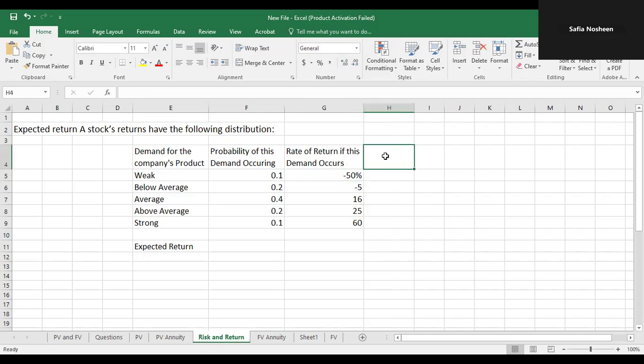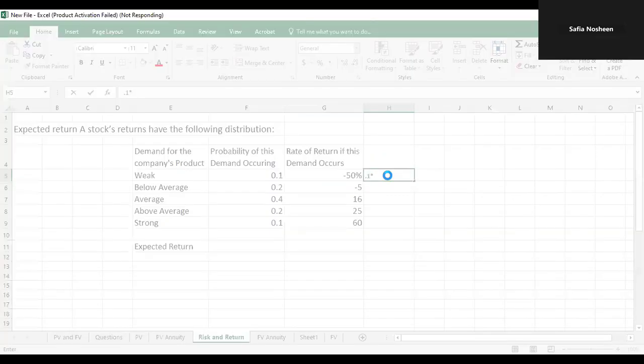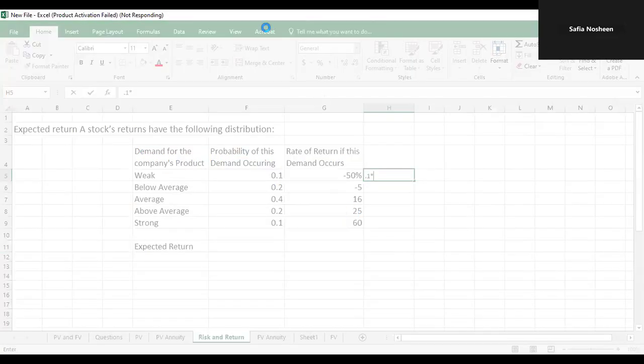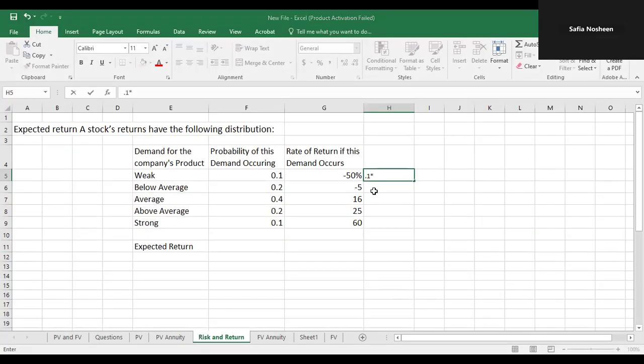To find the value of the expected return, first of all, we will multiply all these values. 10% multiplied with minus 50%.